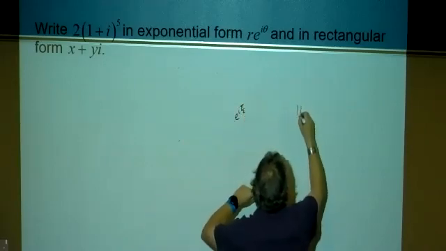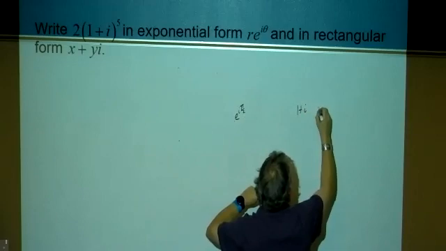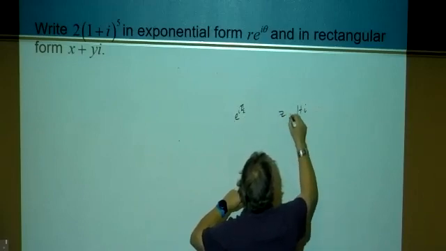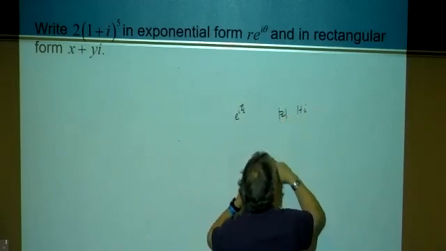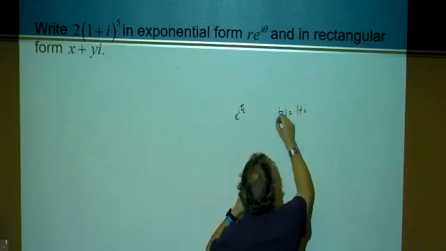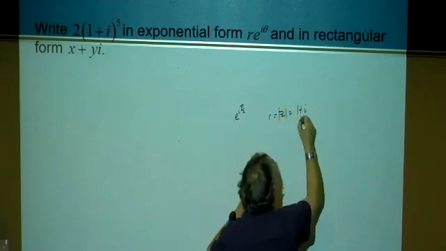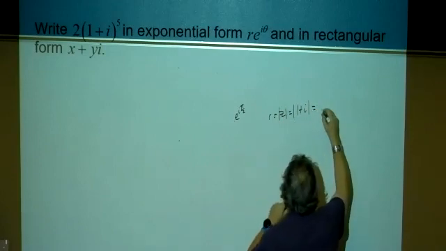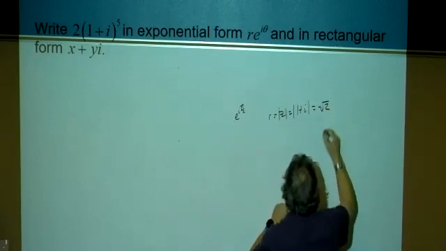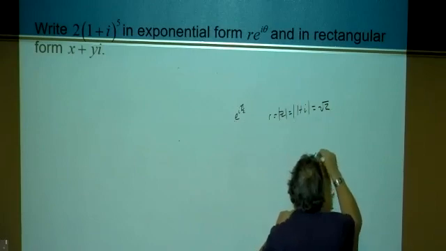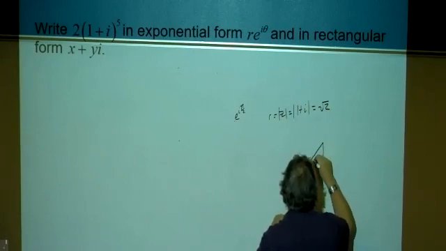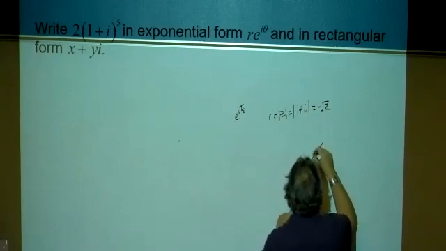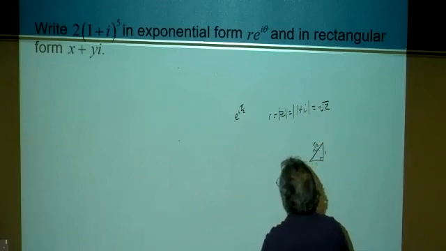So for 1 plus i, what's its modulus? Because that's what r is. So we want to find the modulus of this, which we found out earlier was the square root of 2, because you have a 45 degree right triangle where the 2 legs are 1, so that means this is going to be the square root of 2.